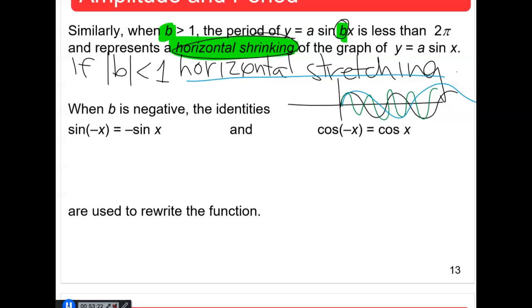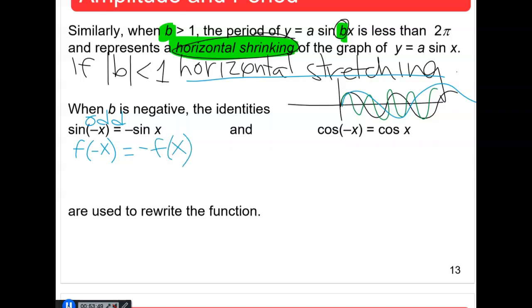Okay, now we're gonna add more identities to our collection of identities. So we already discussed how the sine function is odd. It does satisfy the equation f of negative x equals negative f of x.